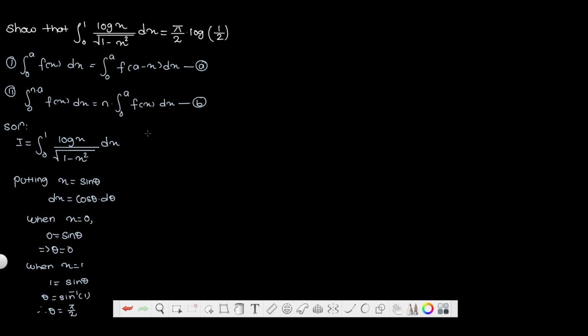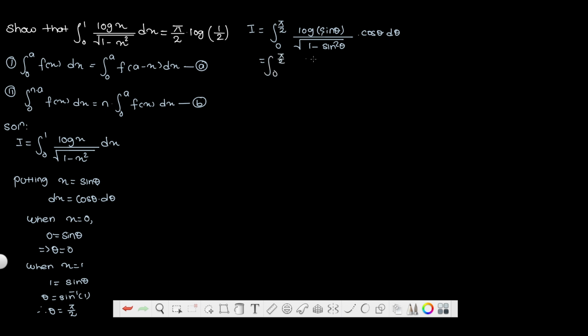So we have changed our integration to I equals the integral from 0 to pi by 2 of log, in place of x we write sin theta, over root of 1 minus sin square theta, and in place of dx we write cos theta d theta.